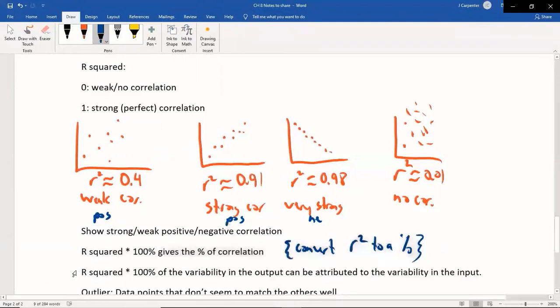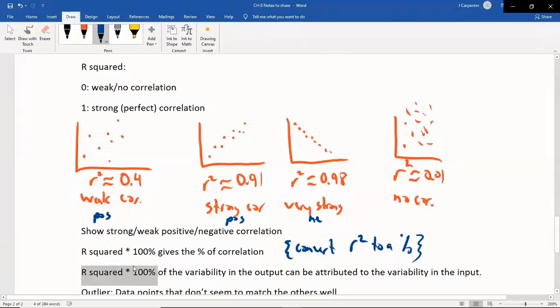So here's our sentence, and this R squared times 100% is just you writing the R squared as a percentage. So using the numbers above, you would say 40% of the variability, or 91% of the variability, or 98% of the variability, or 1% of the variability, which would be bad. So let's use the third one, 98%. In this graph, 98% of the variability in the output can be attributed to the variability of the input. Variability means changing.